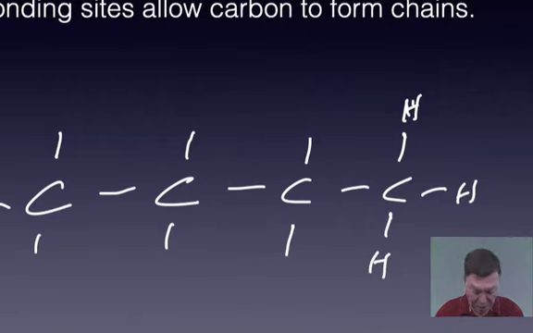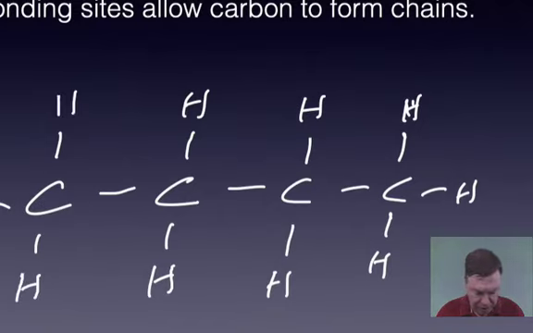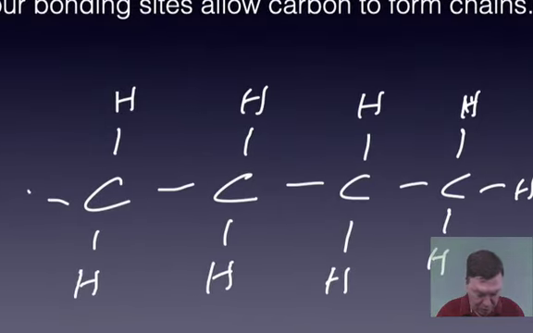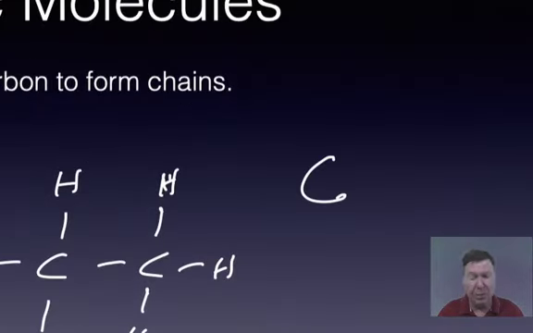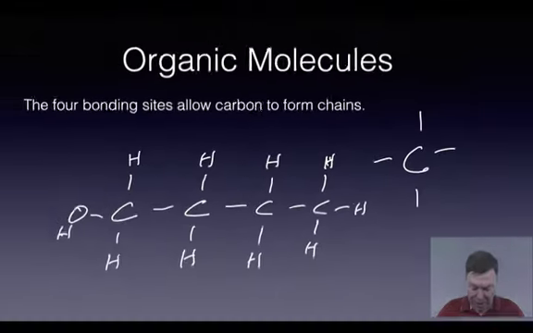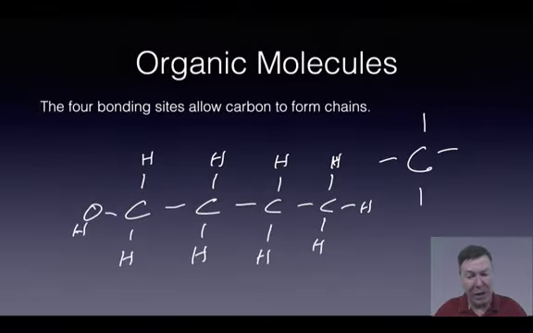That's really bad writing up there. Sorry. And then maybe over here we could put an O and an H. And no, you do not need to know that, but just understand that whenever you see the carbon, you should see 4 bonding sites. As a result, we can make these chains.